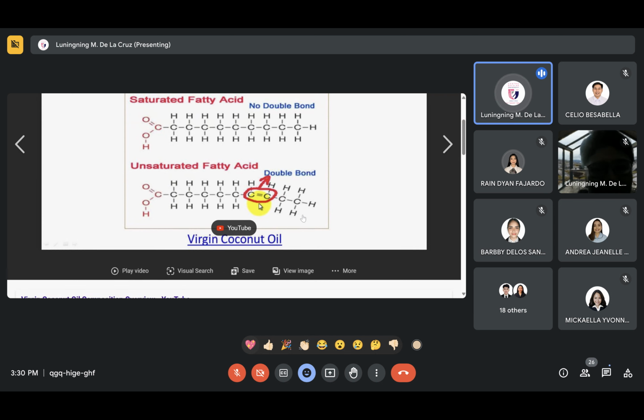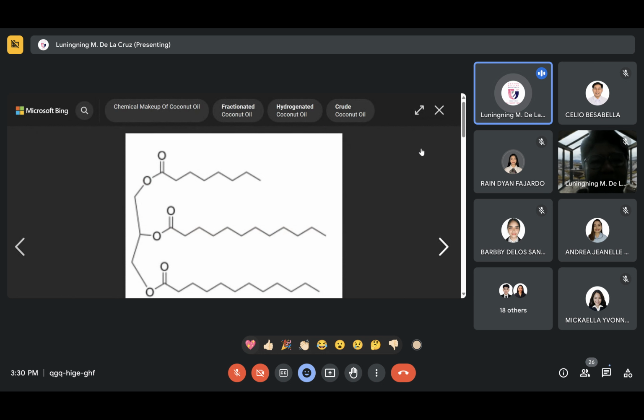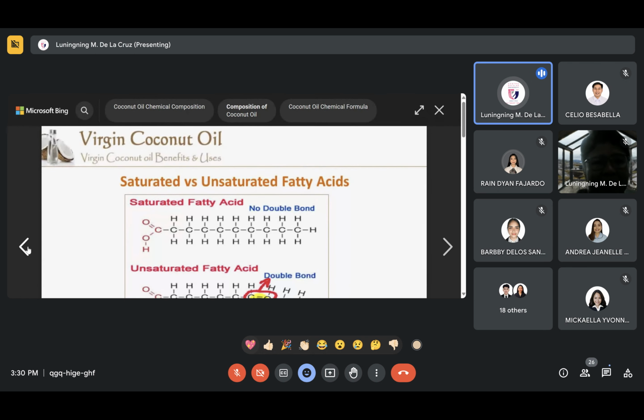But this is a monounsaturated fatty acid. It has only 1 point of unsaturation. Okay. Now for olive oil, our olive oil is a polyunsaturated fatty acid. Okay.